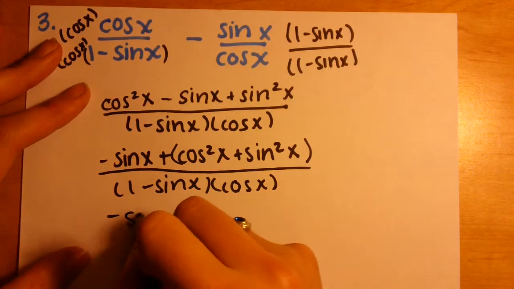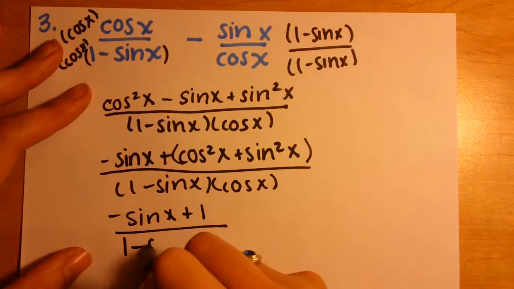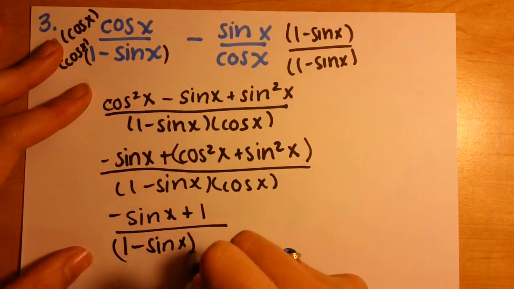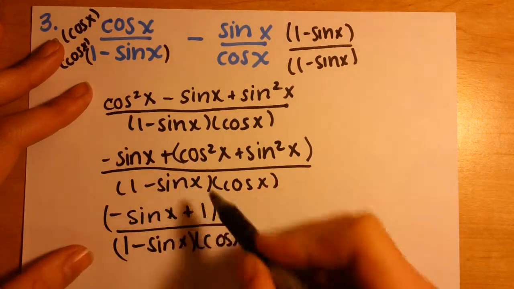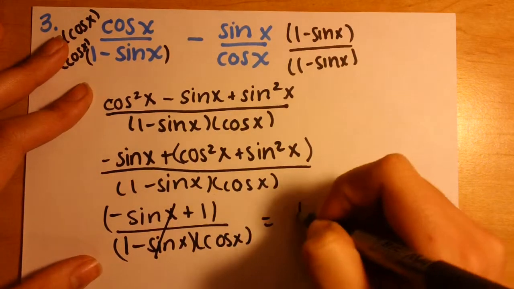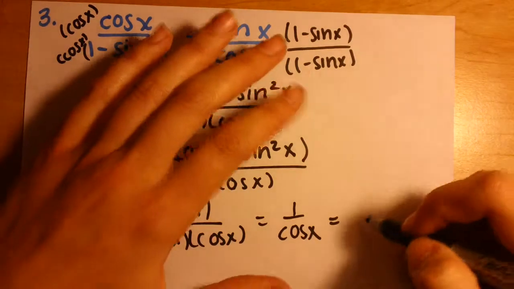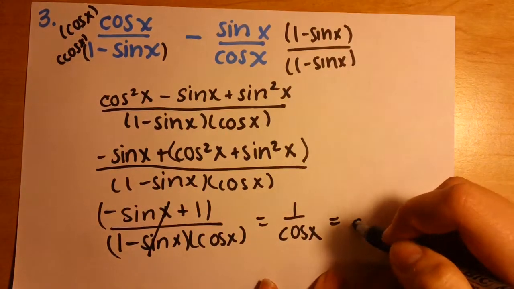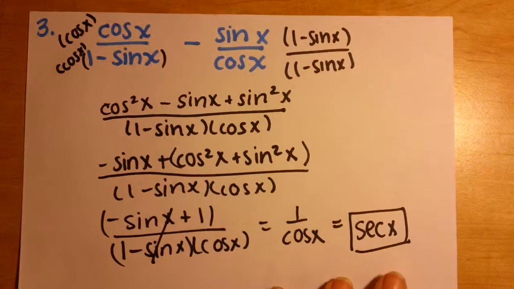So we'll have minus sine x plus 1 all over 1 minus sine x times cosine x. And these are the same as 1 minus sine x, so these can cancel. We'll have 1 over cosine of x, which is our reciprocal identity, and we can get secant of x. That'll be your answer here.